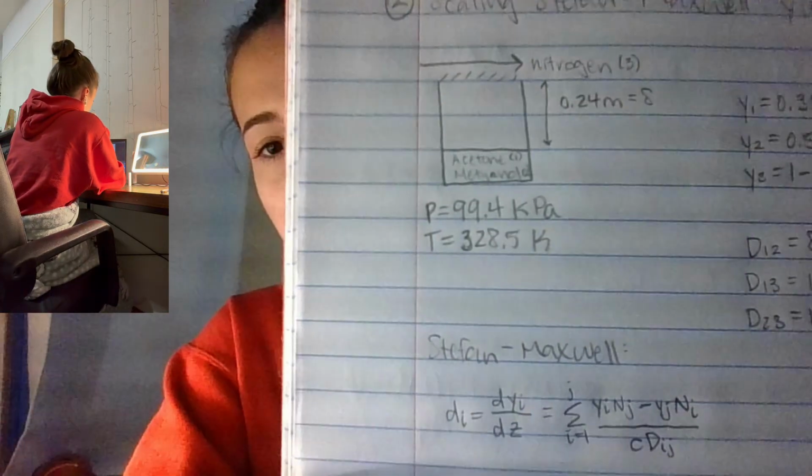So this is that Stefan-Maxwell equation that we've talked about many times before. So now we can just go ahead and write our Stefan-Maxwell equations for all of our components here.